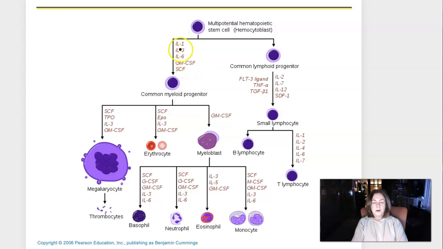Those are chemicals that are released by other white blood cells. It's a kind of interesting whole world that goes on with white blood cell formation, where when you have white blood cells that are being used, they secrete the interleukin or the colony stimulating factor to stimulate white blood cell production, a particular type of white blood cell production.